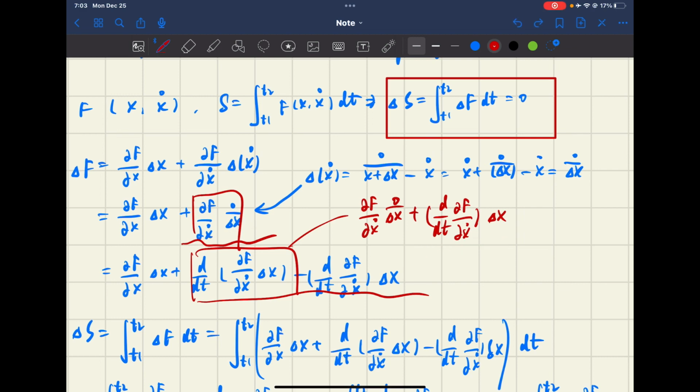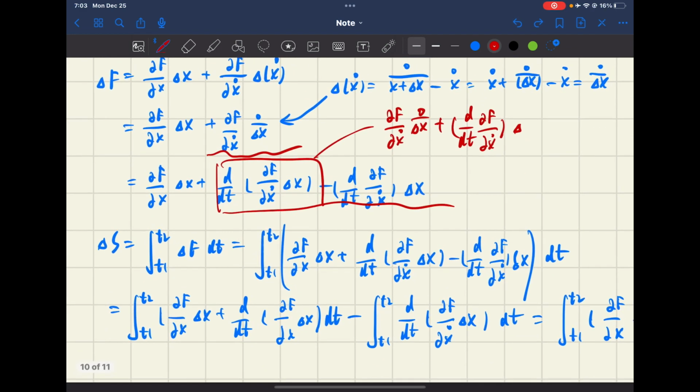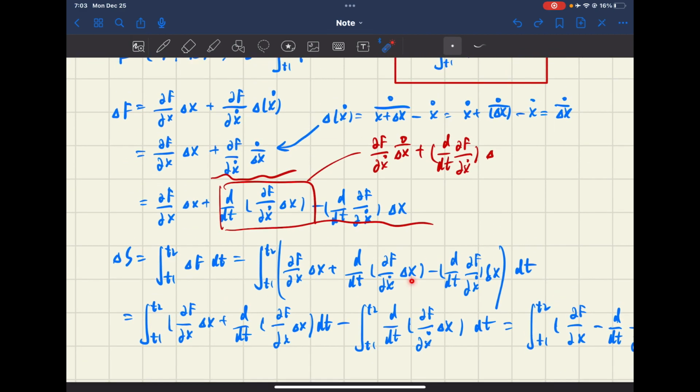So after we have successfully got this expression for delta f, we put it back into delta S, inside an integral. There's nothing much here. The integral has the linear property, so we rewrite it like this.